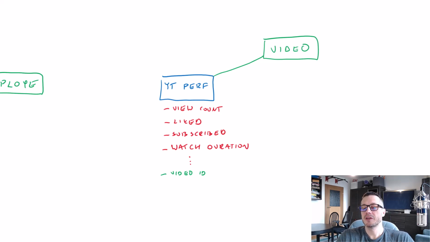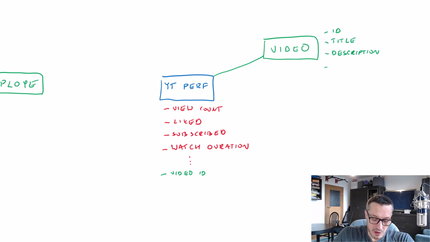Now, if you're wondering, all right, but what would be stored in this video dimension? Well, it would simply contain various information about this video. So, for example, some kind of identifier that I would use inside my fact table. Maybe I would like to store a title of this video, maybe description.